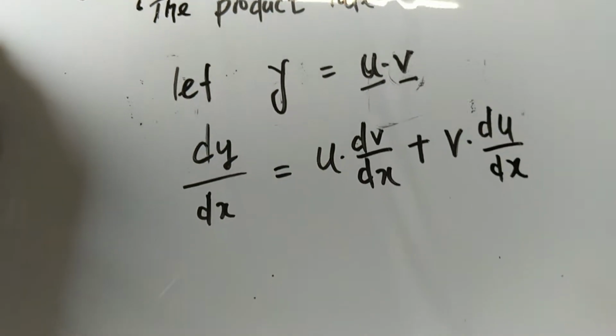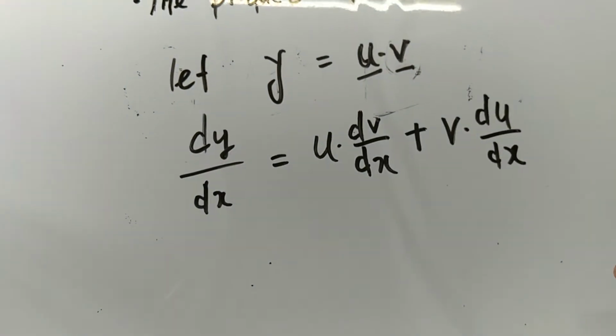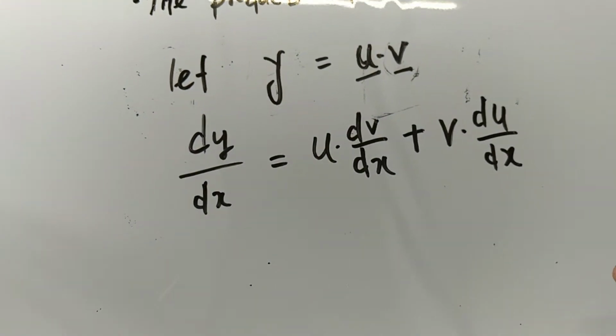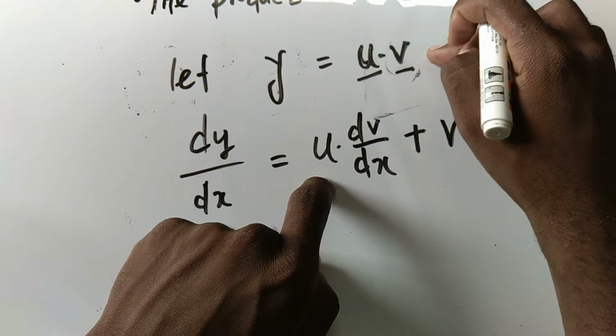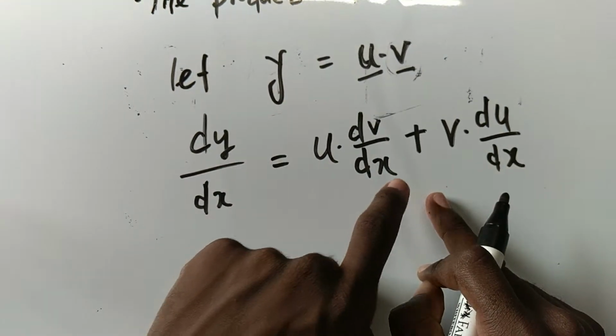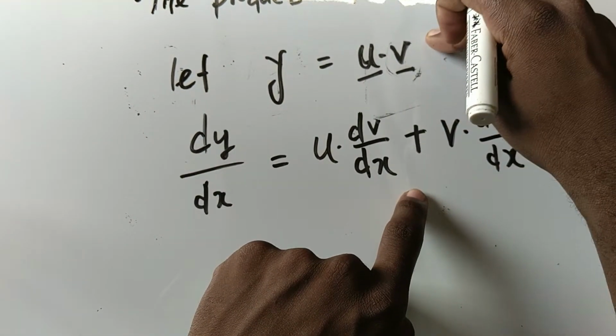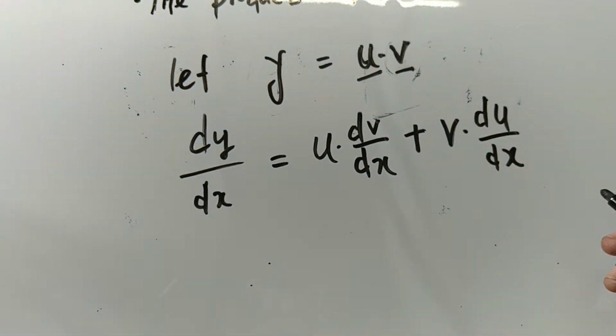So this is the formula. This is called the product rule. It's simple as this. You keep the first function constant, you differentiate the second function, you then add by keeping the second function constant and differentiating the first function.